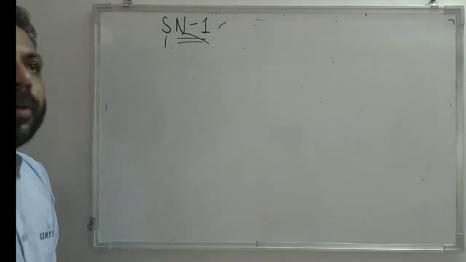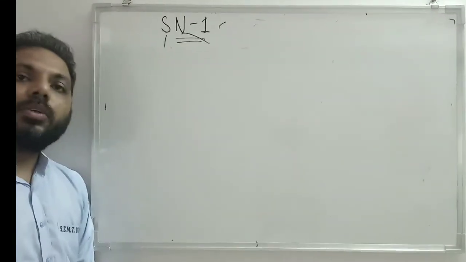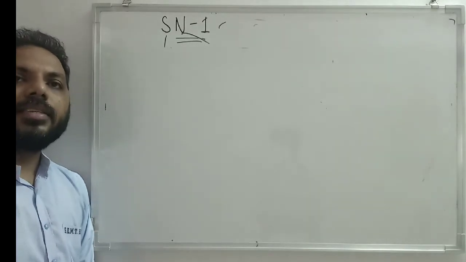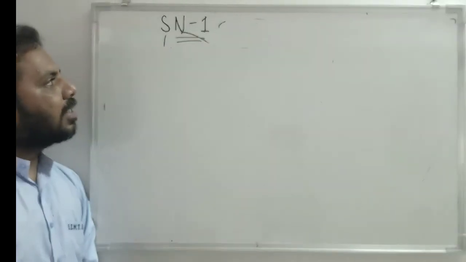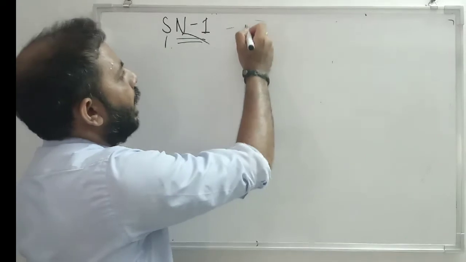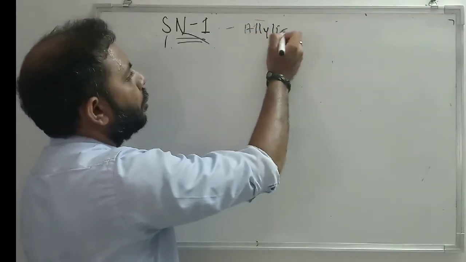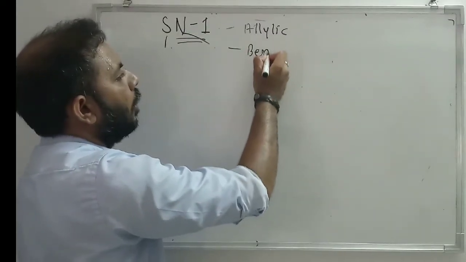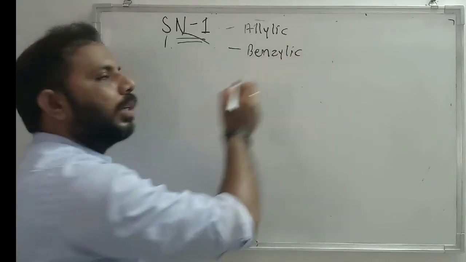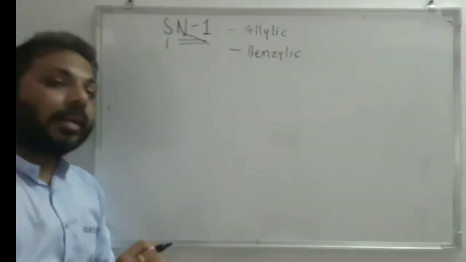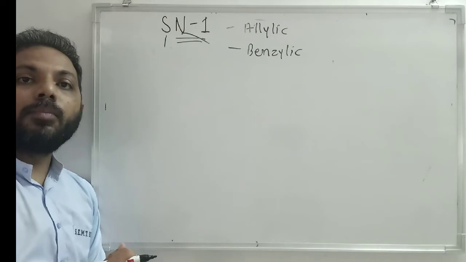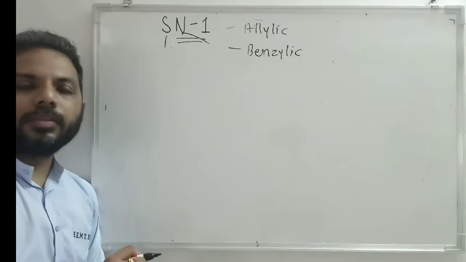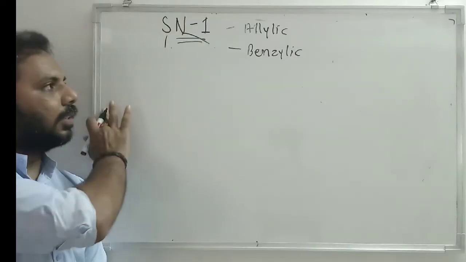Now in the beginning of the chapter we had seen two terminologies, allylic and benzylic. For the SN1 reaction, both allylic and benzylic compounds are more reactive. Okay, what is the reason?